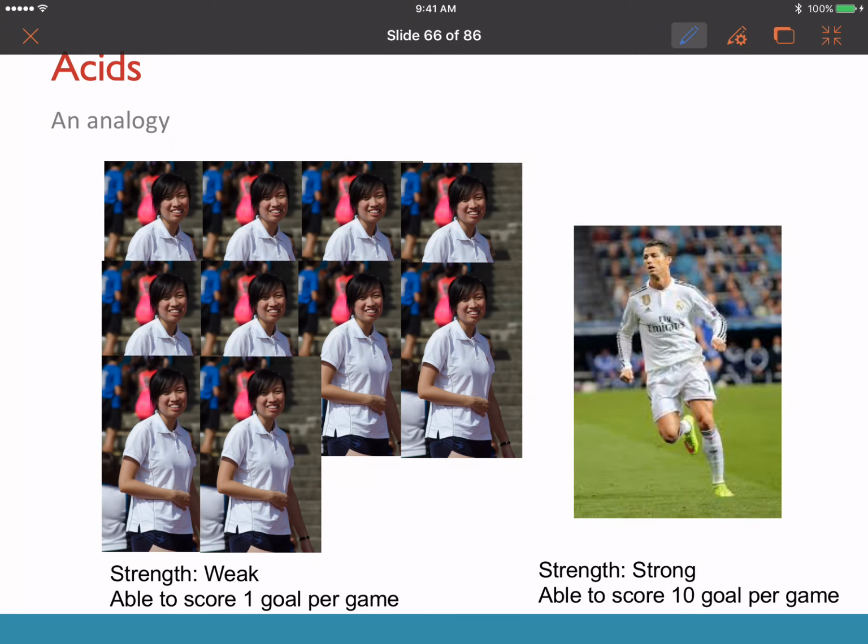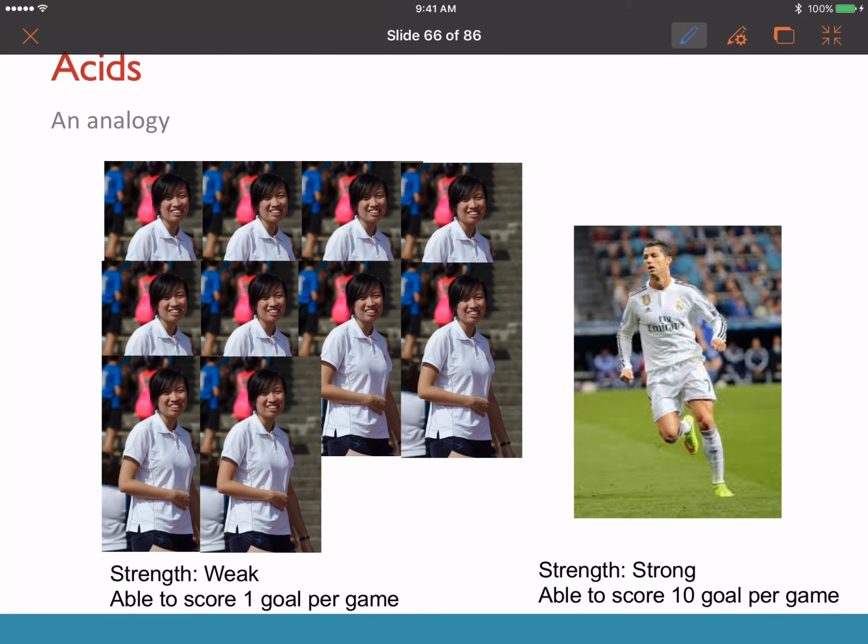So, what if I multiply myself? I copy myself 10 times, so there's 10 of me versus 1 Cristiano Ronaldo. Note that if there's 10 of me and each of me scores 1 goal per game, I will rival Cristiano Ronaldo in a soccer match. Okay, so in a sense, it's like I'm the weak acid and he's the strong acid.